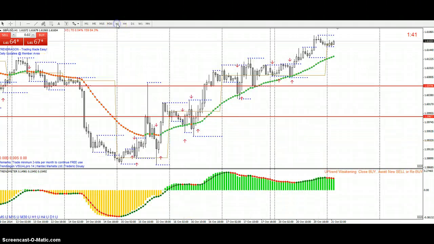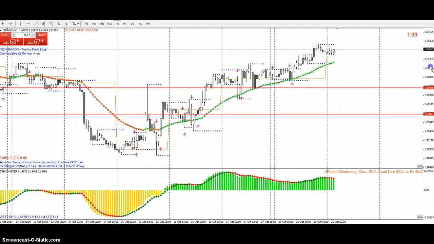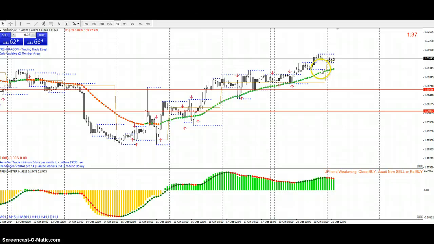If you want to do this, obviously the 1-hour would be quite better, and you just need to follow the trendragon level of support and resistance with some tight stops, and look at the trendragon trend line here and the level of resistance here.